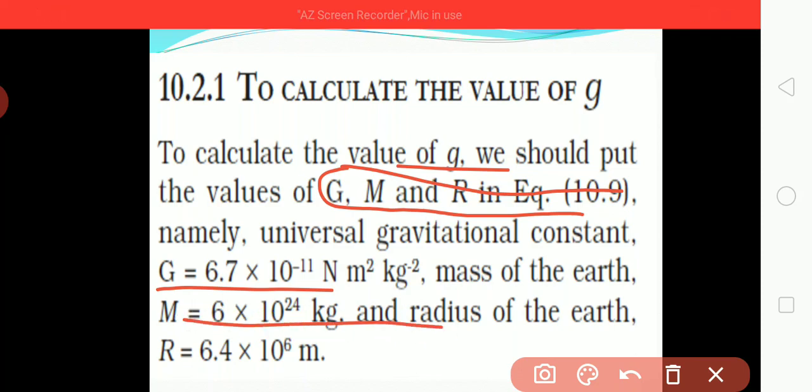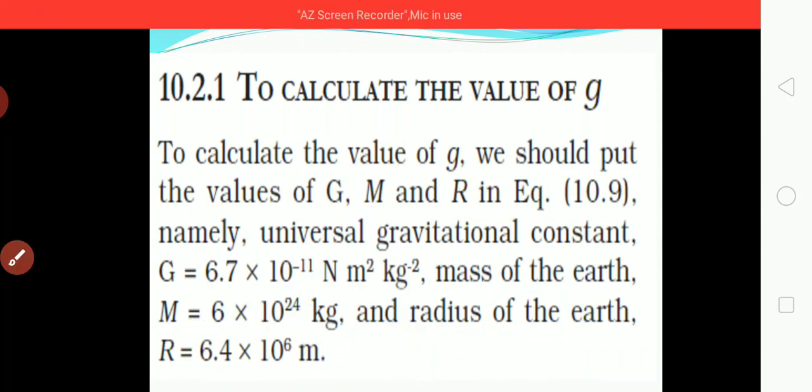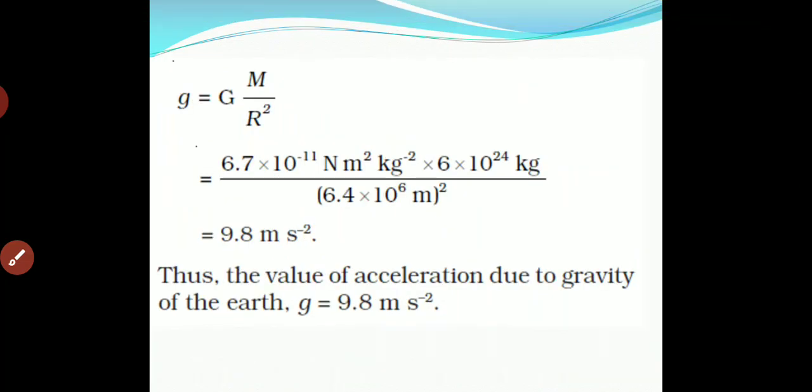Capital M, the mass of the earth, is 6 into 10 raised to 24 kg, and the radius of the earth is 6.4 into 10 raised to 6 meter.